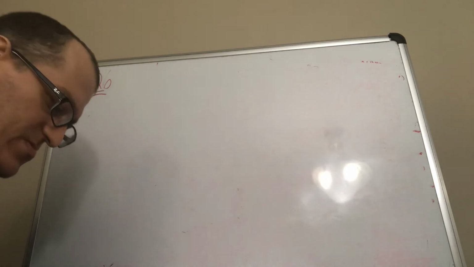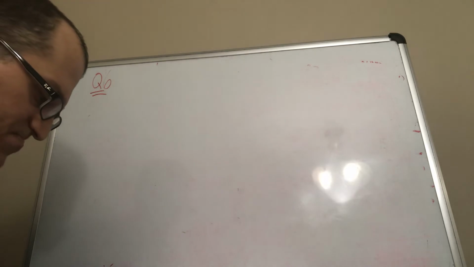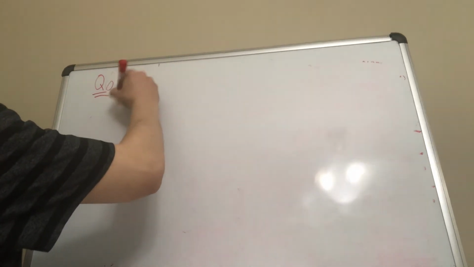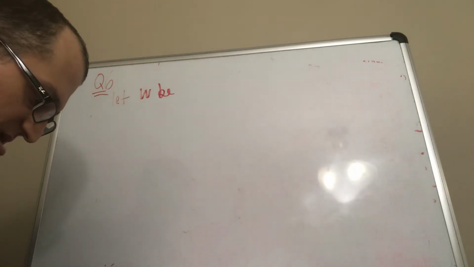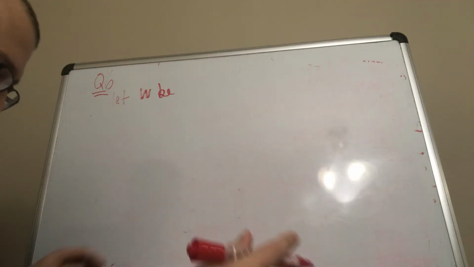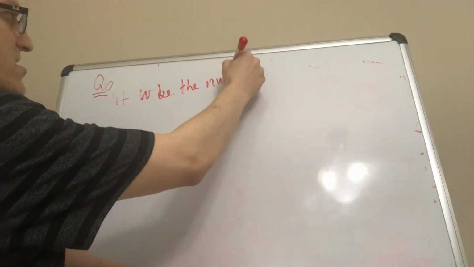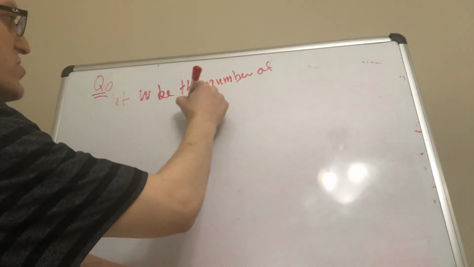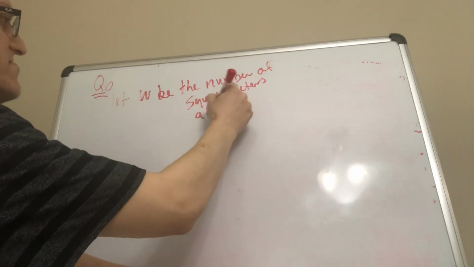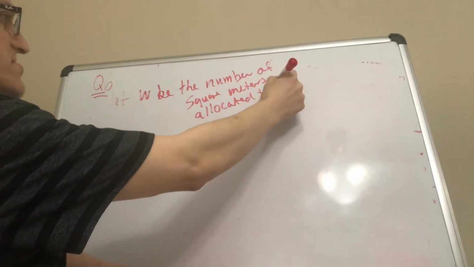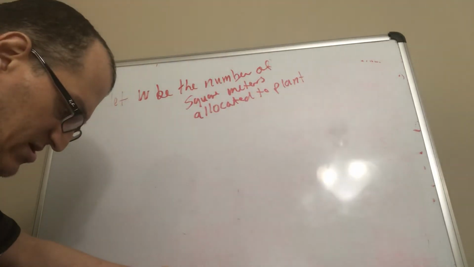So we have 4 different variables here, 4 different seedlings, and the way we're gonna call them, we can say let W be the number of square meters allocated to plant the first one, which I think was called white pine.